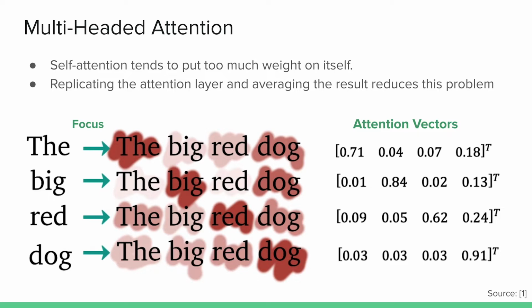And to alleviate this problem a little bit, we replicate the attention layer multiple times, and then we take all of those weights that are being produced and average the results. And this reduces this problem, and given that we now have not one attention layer here, but many of them, we call this multi-headed attention.